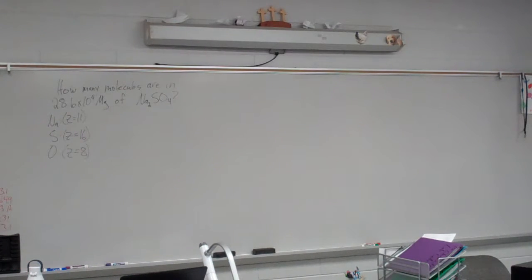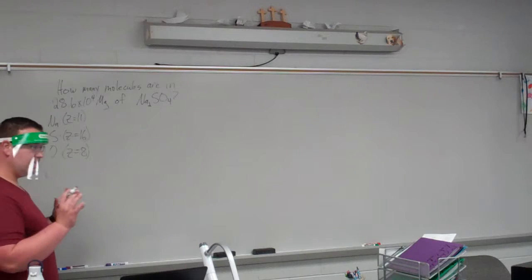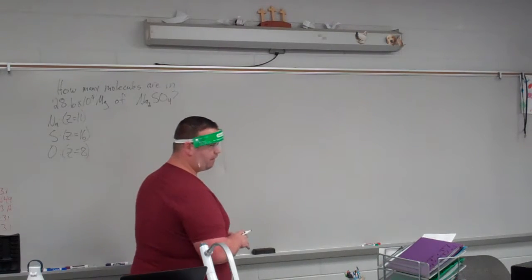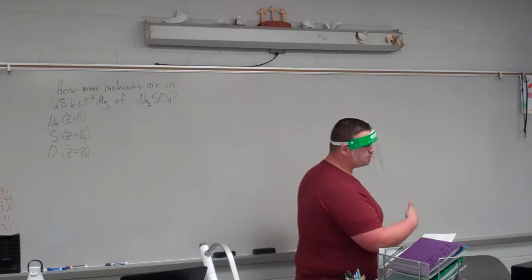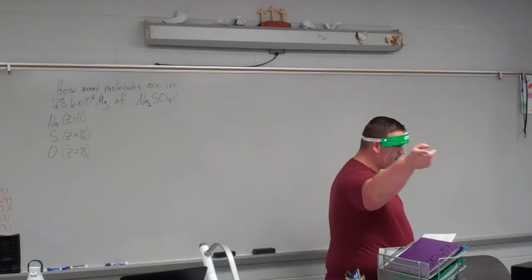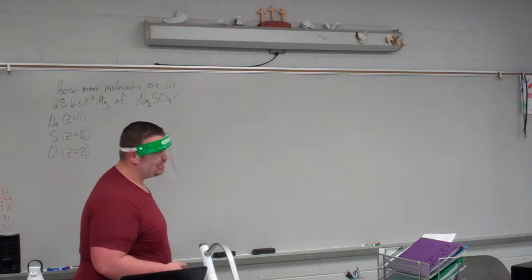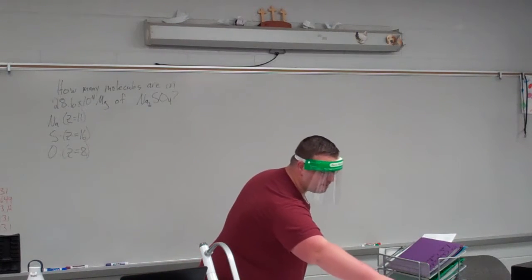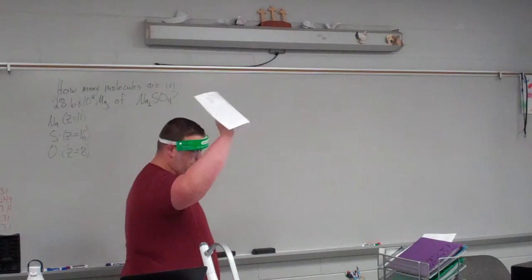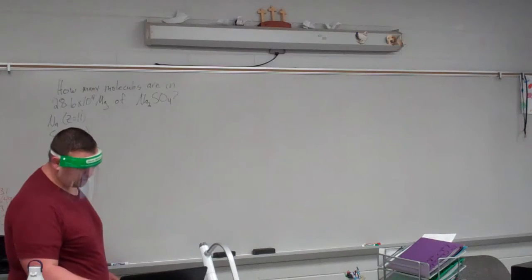What is Z? I don't remember Z. That's okay. Z is atomic number, which is the number of protons, which is also the position on the periodic table. So I give this to you so you can find it, because you're going to need it. Okay? So, everybody, periodic table in hand.